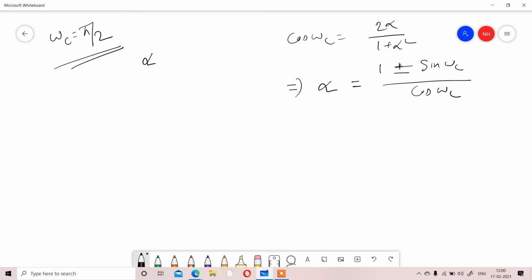That alpha value you will get. Okay. So alpha that we will consider 1 minus sine omega c by cos omega c.